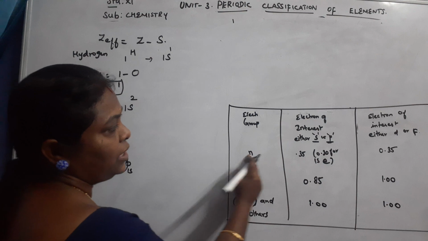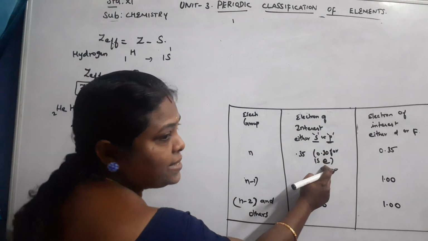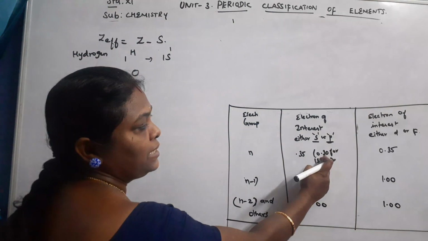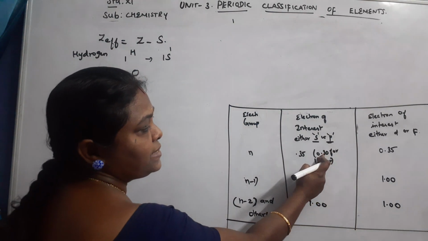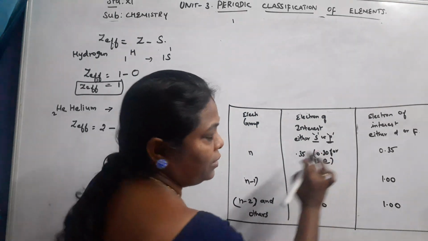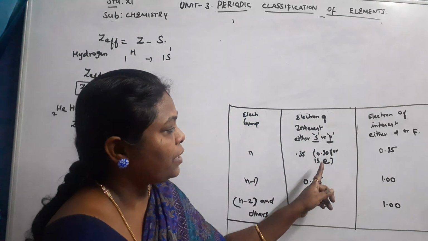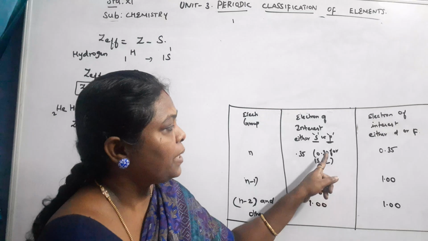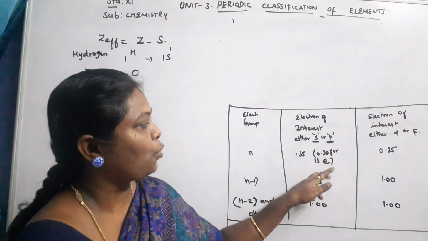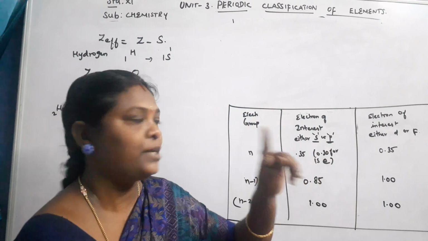If the nth shell consists of 1s electrons, the contribution of the remaining electrons present in that shell per unit charge is given as 0.30. Keep it in your mind. It is considered 0.30. If the electron is present in 1s, then the shielding calculated for that electron should be multiplied by 0.30.